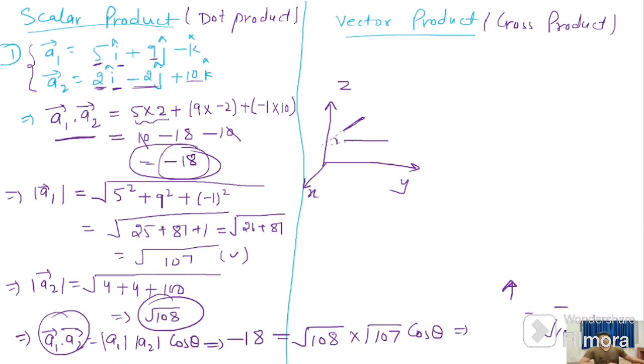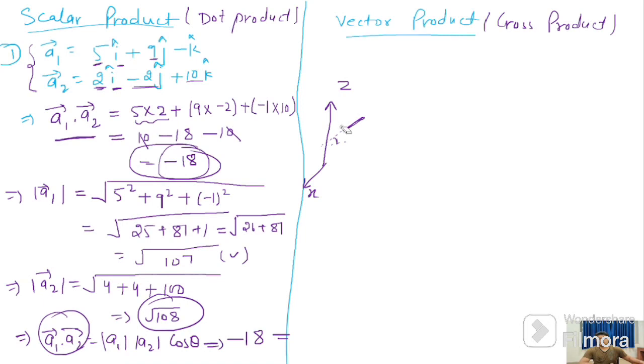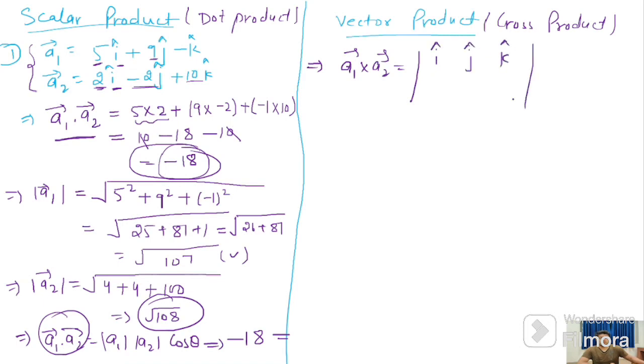Similarly, if we need to find the cross product, how can we do that? For the cross product a1 cross a2, we need to find the determinant with i, j and k.